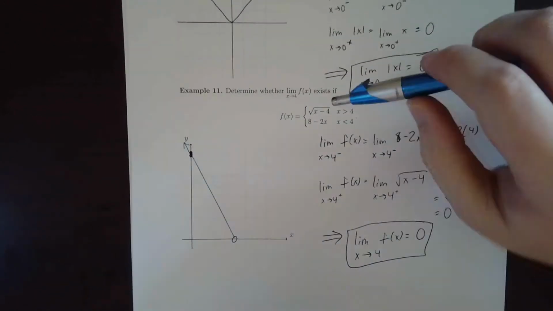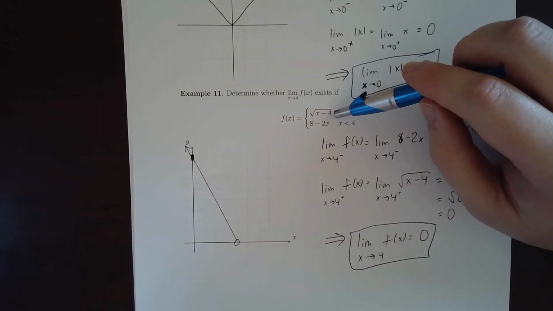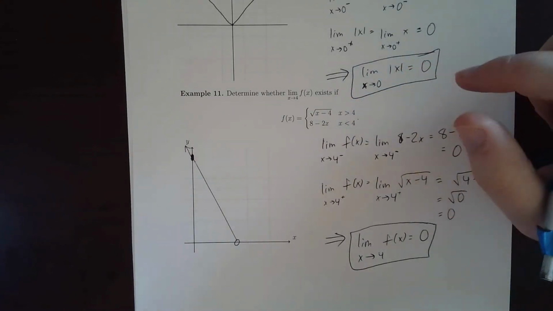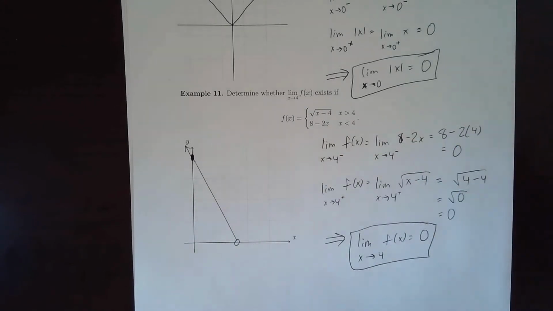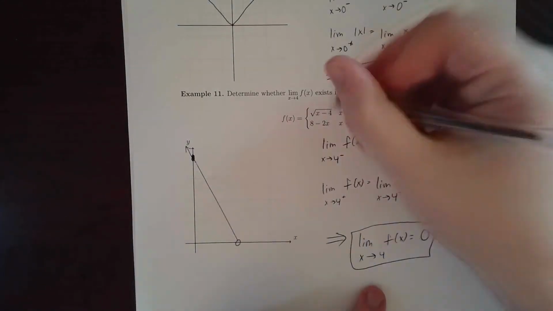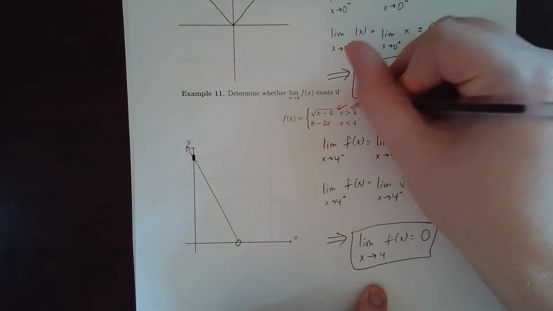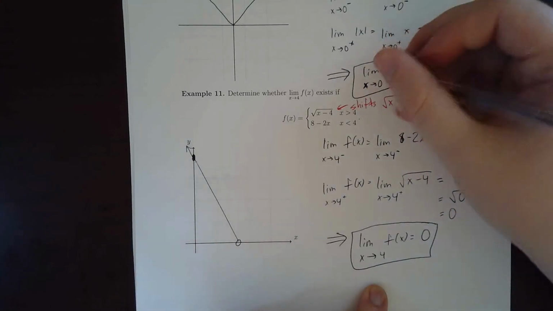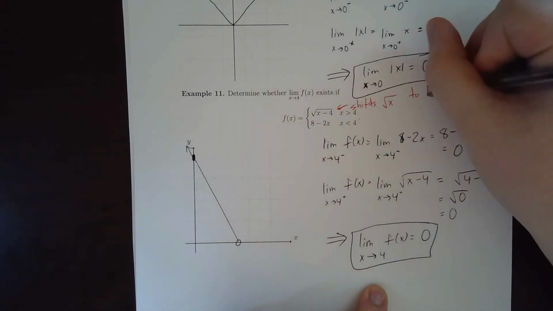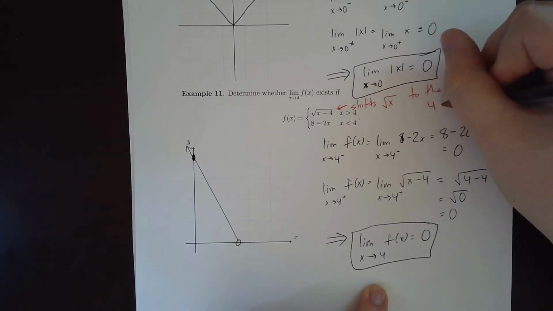Now, meanwhile, we've got the square root of x minus 4 as our right piece. And what we can recognize from our conversations about how graphs get shifted is that this shifts the square root of x graph to the right 4 units.